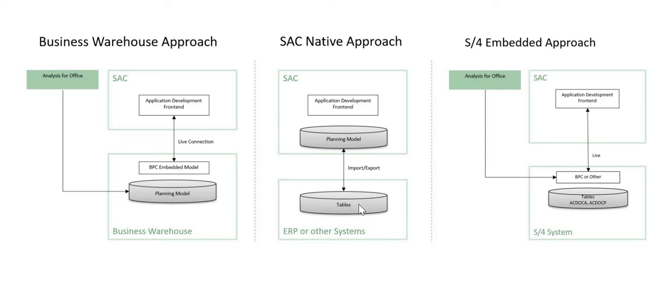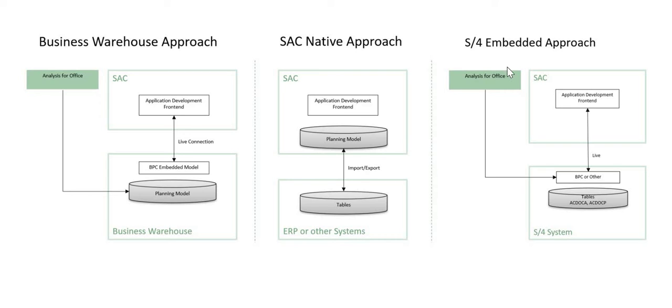So you can extract the table from there, and you can do the planning in SAC, and also you can do the application development in SAC. And I would say this is mainly focused on a small organization, or where you don't want to store any data. In those cases you are going to use this second approach.